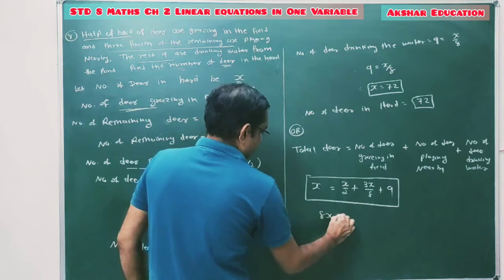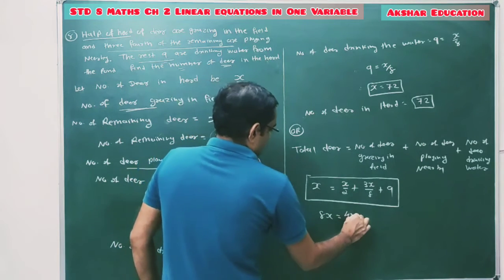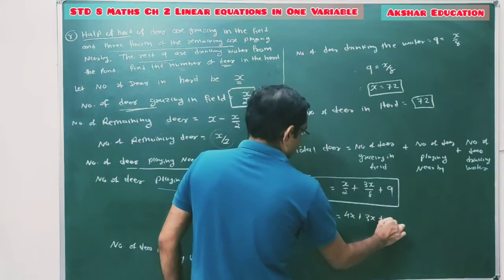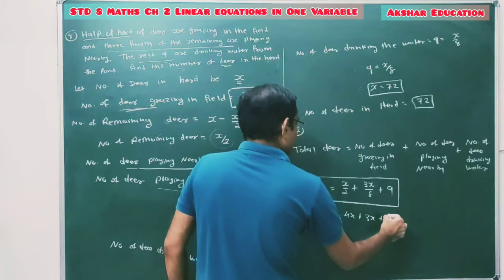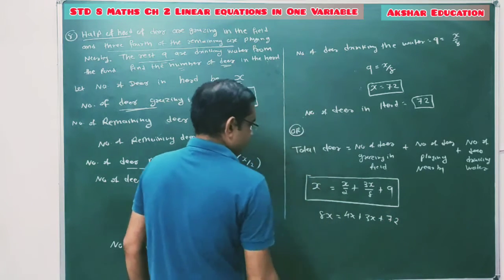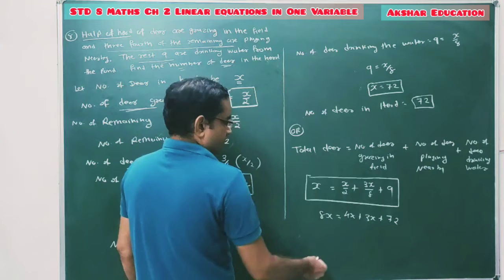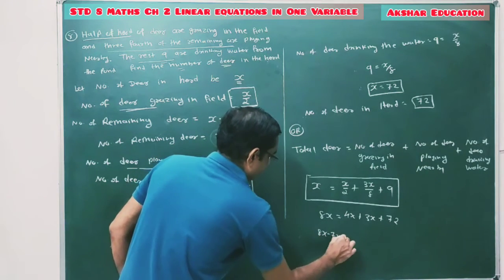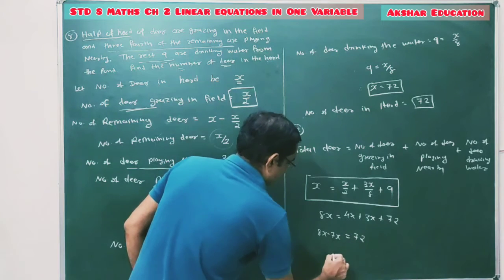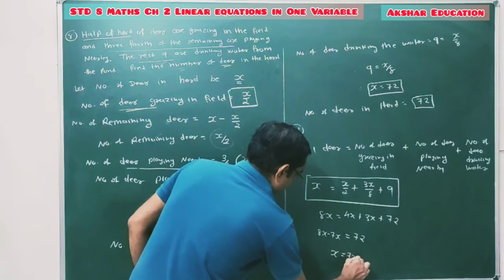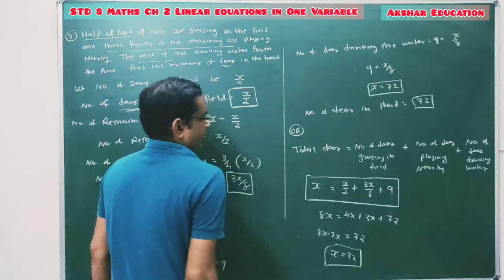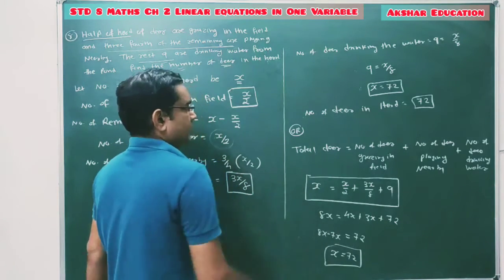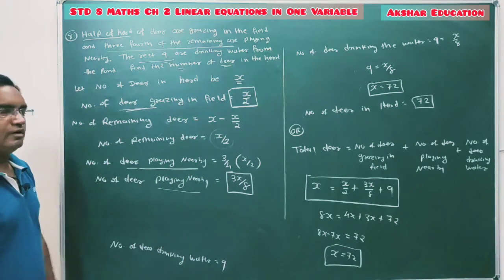So this is 8x, this is 4x, this is 3x plus 8 9s are 72. So it's 4x plus 3x, 7x, 8x minus 7x equals 72. So x equals 72, है ना. ऐसे भी आप इसको सॉल्व कर सकते हो. क्लियर स्टूडेंट्स? पॉज द वीडियो एंड नोट इट डाउन.